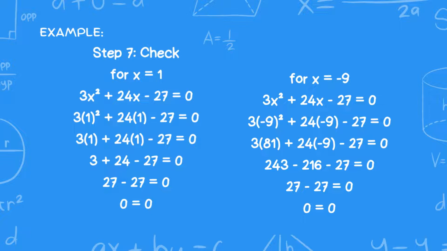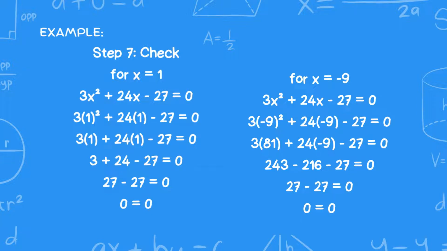For x equals negative 9, 3 times negative 9 squared plus 24 times negative 9 minus 27 equals 0. Negative 9 squared is 81, so 3 times 81 plus 24 times negative 9 minus 27 equals 0. 3 times 81 is 243, and 24 times negative 9 is negative 216, minus 27 equals 0. 243 minus 216 equals 27, minus 27 equals 0.